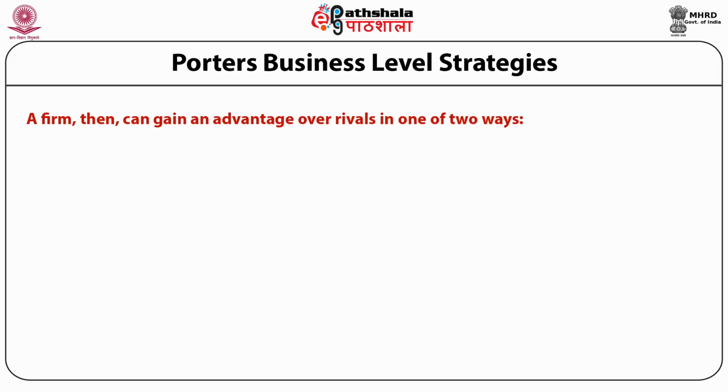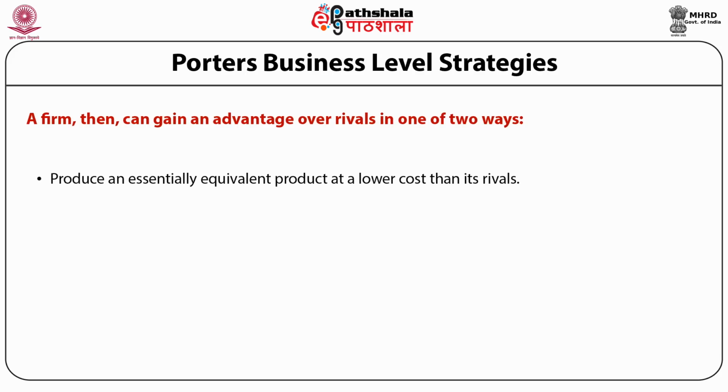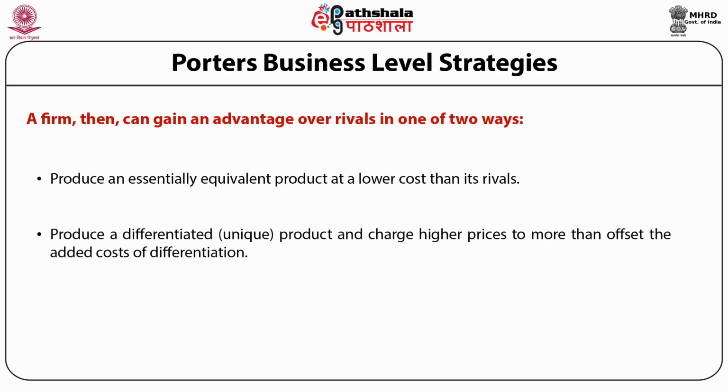A firm then can gain an advantage over rivals in one of the 2 ways. Either produce an essentially equivalent product at a lower cost than its rivals, or produce a differentiated product and charge higher prices to more than offset the added costs of differentiation.